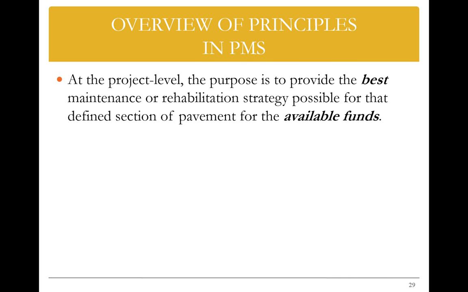While at the project level, the purpose is to provide the best maintenance or rehabilitation strategy possible for that defined section of pavement for the available funds. So you see here the difference. When it comes to the project level, it is a more concentrated look at one section or one project, and eventually our goal is to come up with the best maintenance or rehabilitation strategy to fix that road in particular.